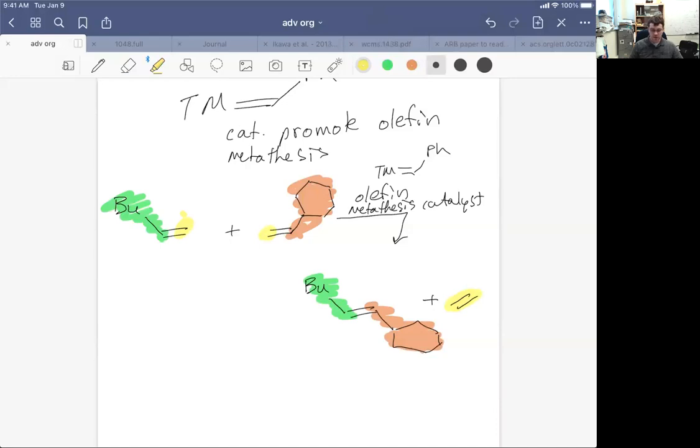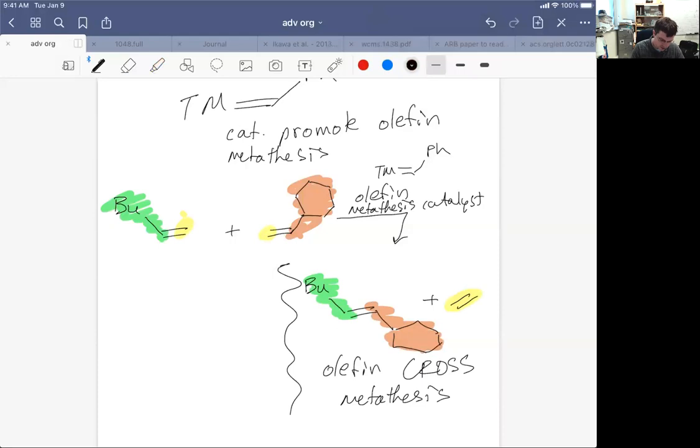Now, alternatively, this is called the olefin cross metathesis product. But you could have a reaction where the green reacts with the green and the red reacts with the red.